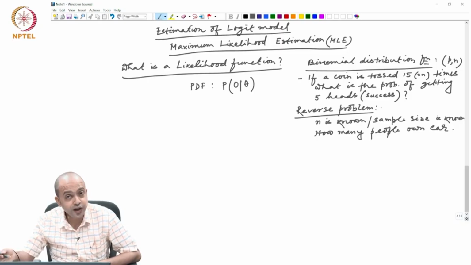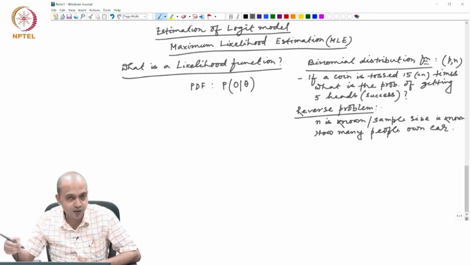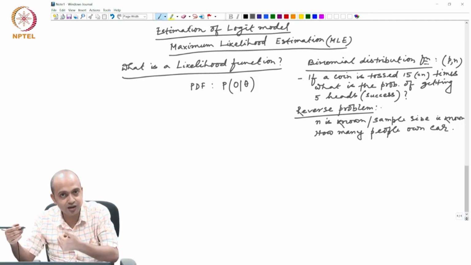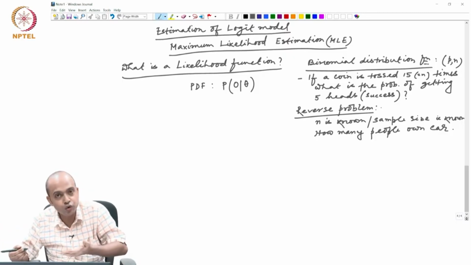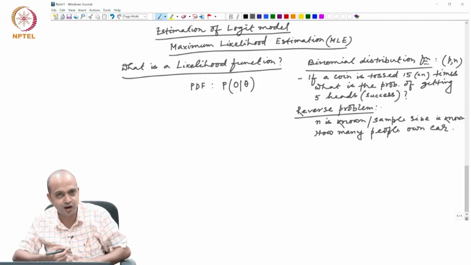Here I was trying to find out how many heads I will get, that means the number of successes. Here if I define that owning a car is a success of that trial, that means I already know out of 15 individuals how many of them have a car.